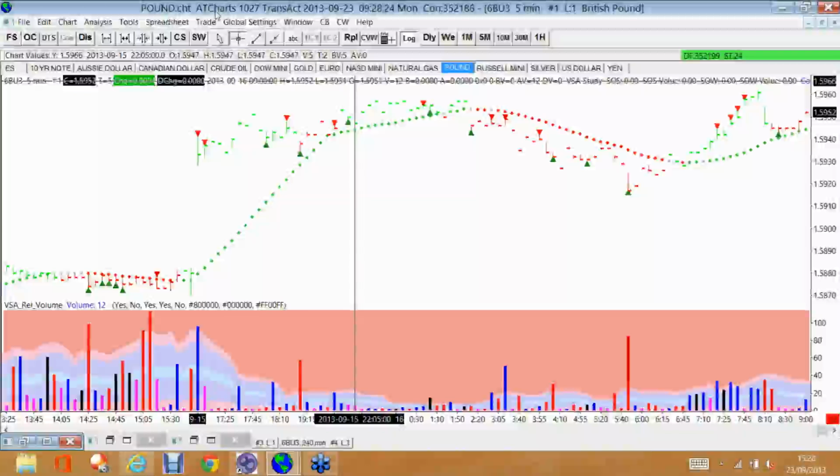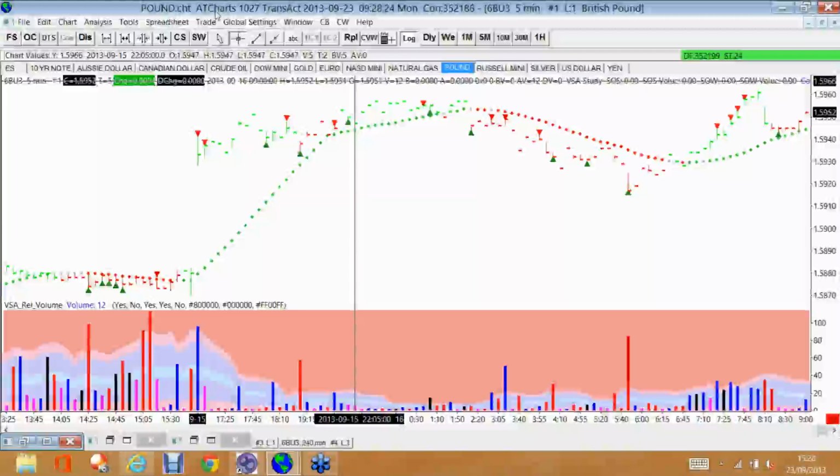Notice that I've marked the low of this bar. See, it's gone up on no demand. It's rejected it once. It's rejected it twice. And we've got 50 seconds for this bar to close.